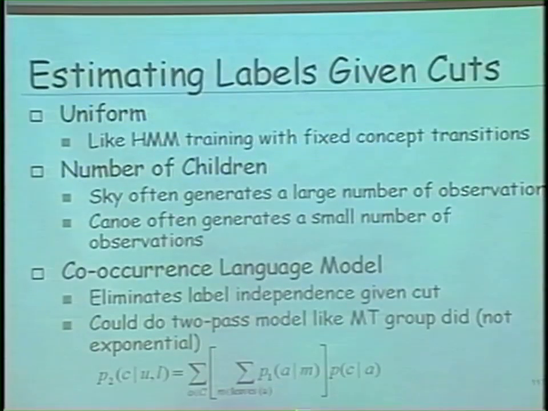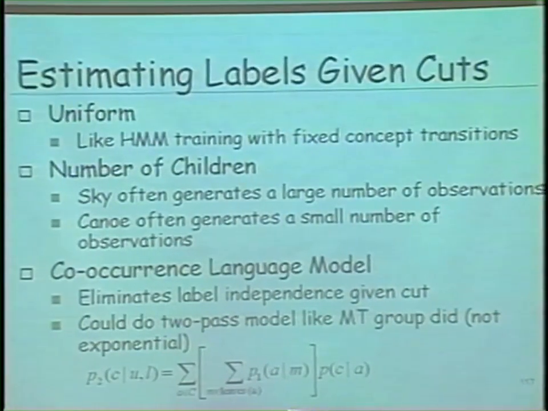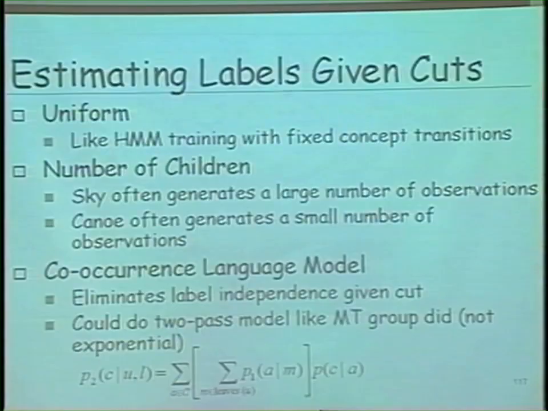And then for the labels, once you have a cut, you have to assign labels. You can assume that the labels are independent of each other, which is what I meant by uniform, which is similar to Pavel's training of HMMs. You could look at the number of observations that this node generates, for example. So if a node generates 18 of the 24 blocks, it could very likely be sky.